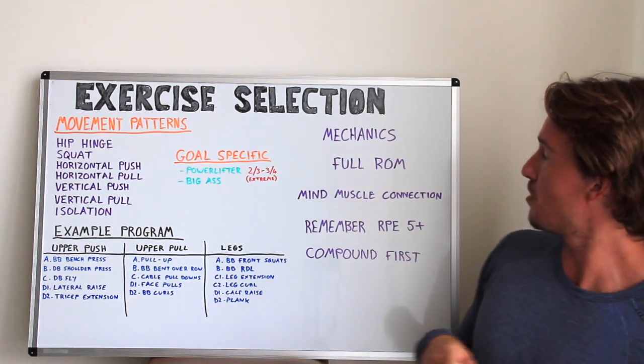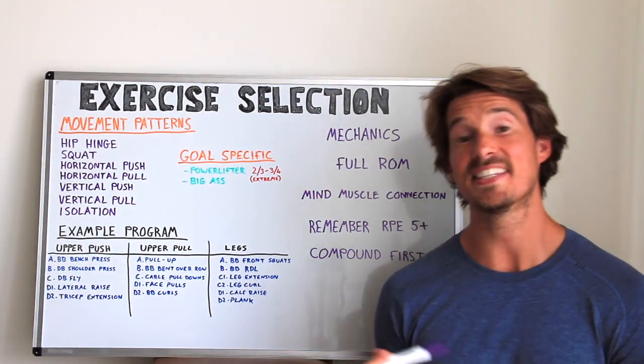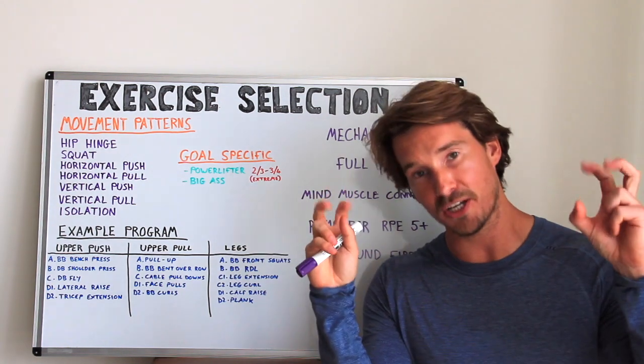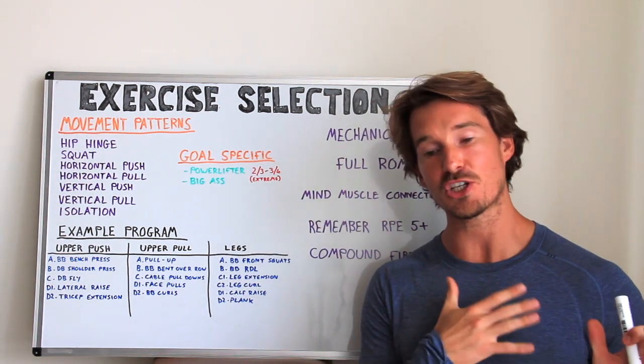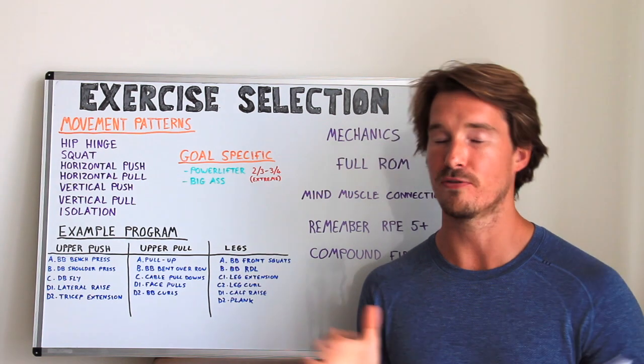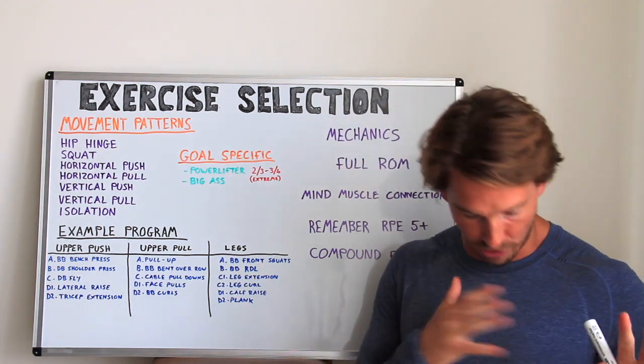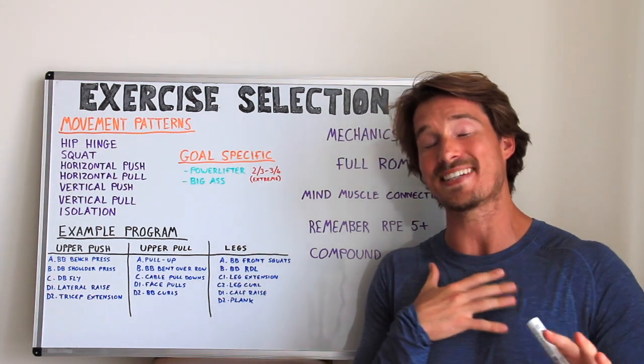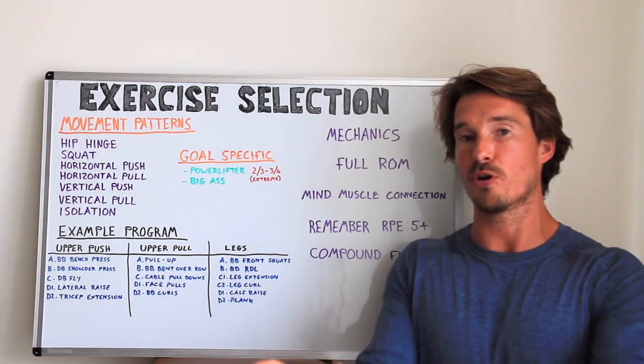Okay. Also, the mind-muscle connection. So this is an actual thing, so if you can put the mind in the muscle, then you can actually activate more of the muscle. So for example, in a bench press, if you're really thinking about your chest, then you can actually activate more muscle fibers while going through the motion.